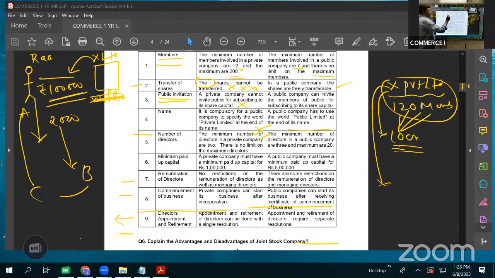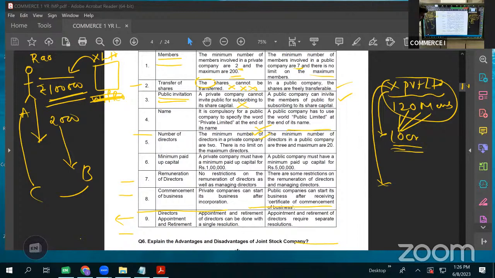But a public limited company can invite shares from the public. It can invite the public for subscribing to their shares. Like I say the same example, Reliance is there, Tata is there, Wipro is there. All these companies will raise their funds through issue of shares to public. They are allowed to.